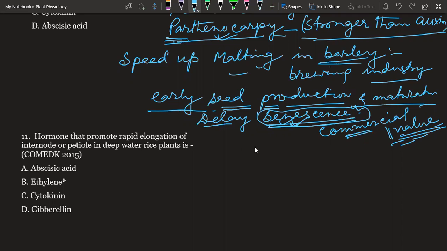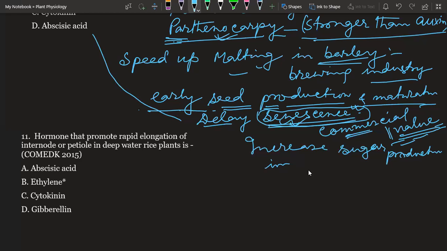This can also increase sugar production in sugarcane.